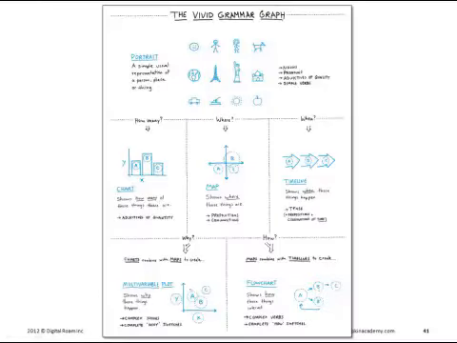When we put all of those together, we create the entire vivid grammar graph. And that's what you've printed out. We're going to call it the grammar graph.